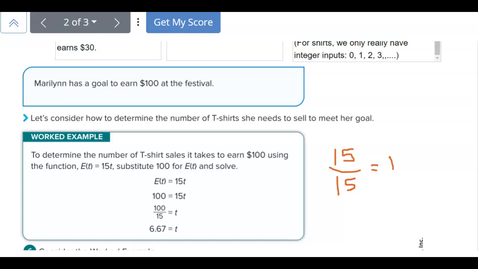So what this allows us to do, if we have 15t and we divide it by 15, these simplify to 1t. And then we know that in algebra, you don't need to put the 1 in front of the variable. If you just write the variable, that means the same thing as 1 being here.